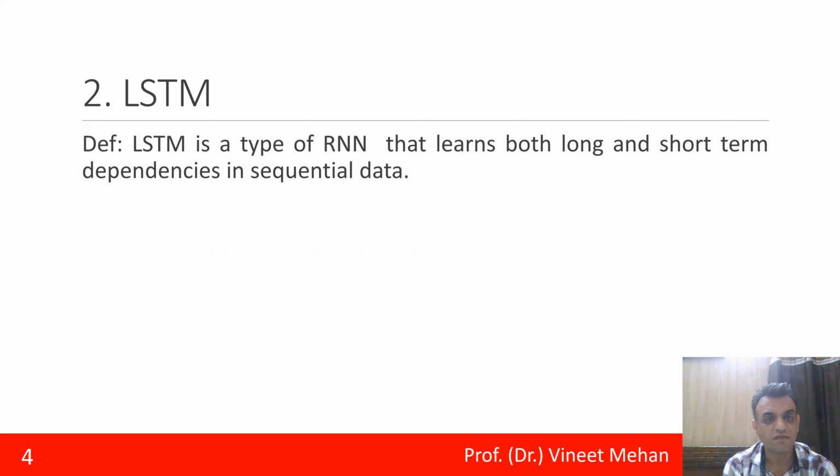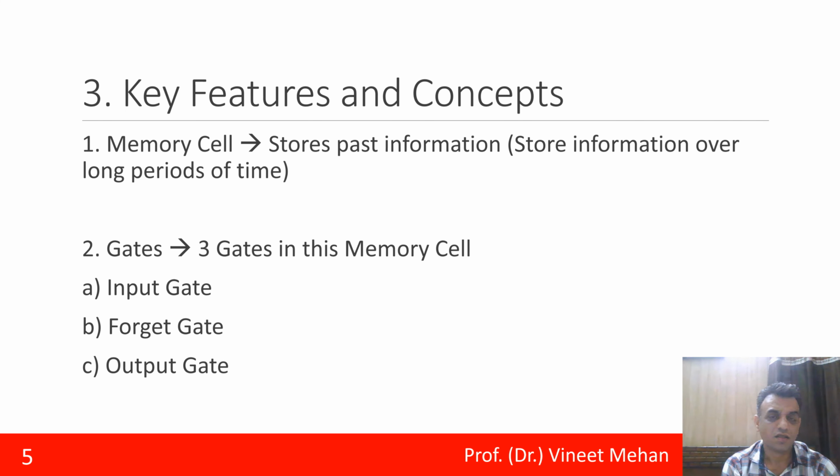So from here we could derive the definition that LSTM is a type of recurrent neural network that learns both short-term and long-term dependencies in sequential data or in time series data. So this is the definition. Then the key features that are part of LSTM is the memory cell that stores the past information.